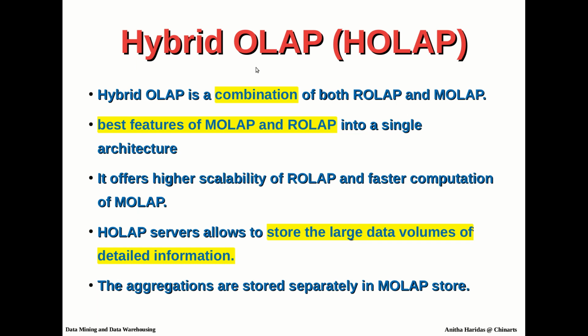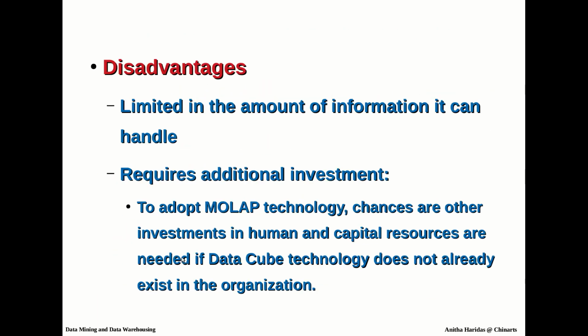And HOLAP servers allow you to store large data volumes of detailed information, because we have seen that in MOLAP we are not going to have the detailed information, right? Because the amount of information it handles will be very limited, since you have only the aggregated data, and the theme you have selected will be limited in the case of MOLAP.